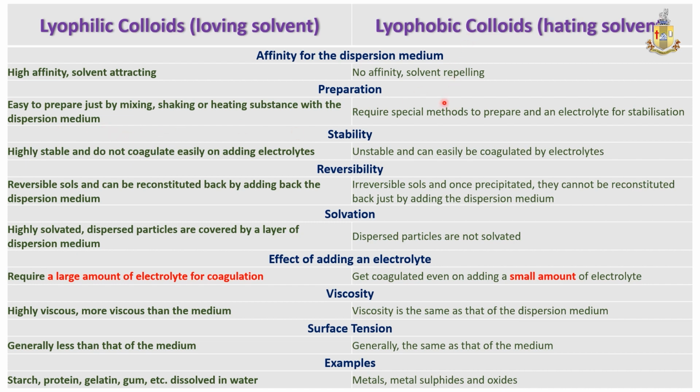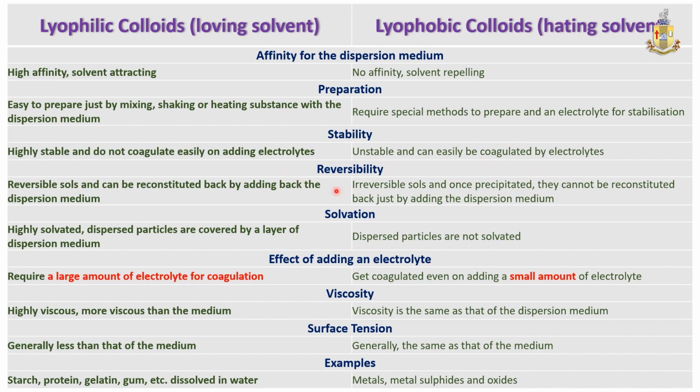But lyophobic colloids require special methods to prepare. Lyophilic colloids are highly stable in nature and do not coagulate easily on adding electrolytes. But lyophobic colloids are unstable and can easily be coagulated by electrolytes.